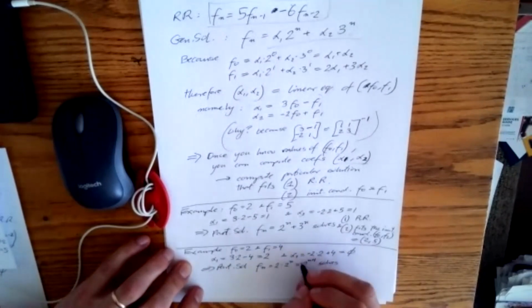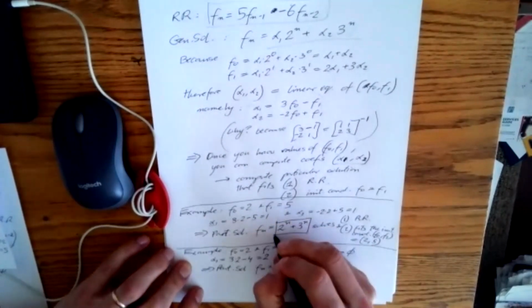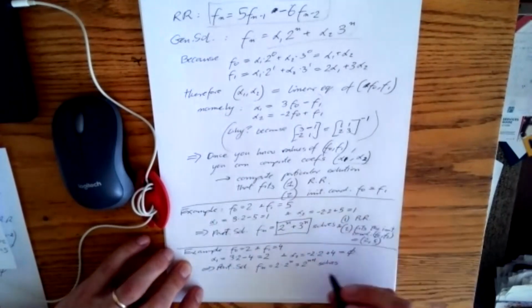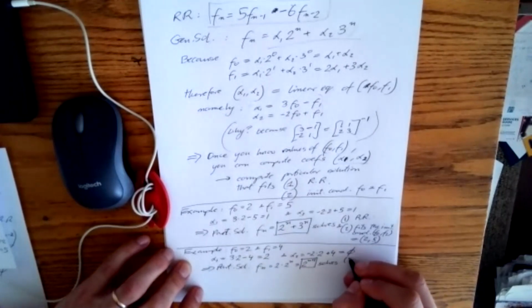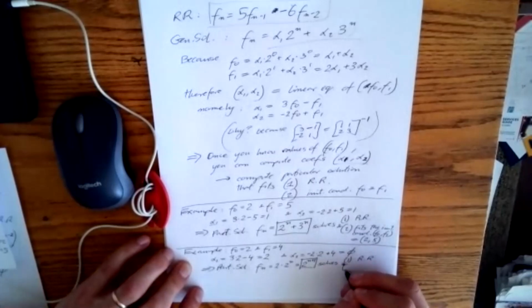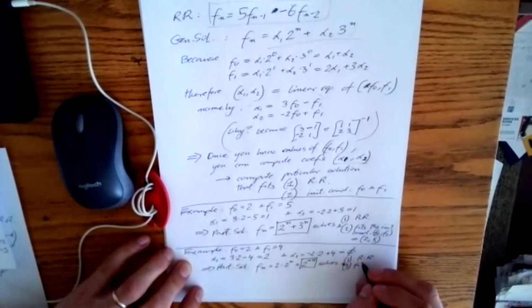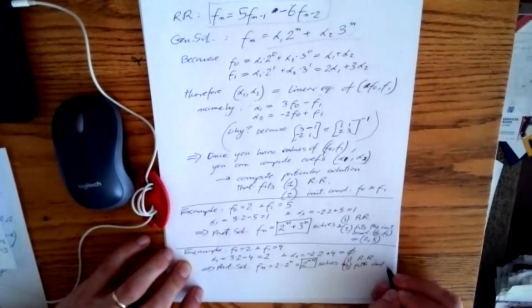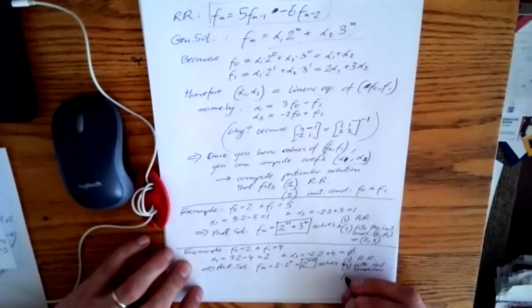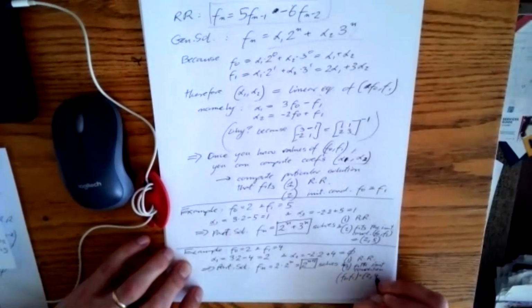No, this was the solution for this recurrence relation with those initial conditions. And this new thing is a solution to the same recurrence relation, but different initial conditions, and it fits its initial conditions. What were they? F0, F1 equal to 2, 4.